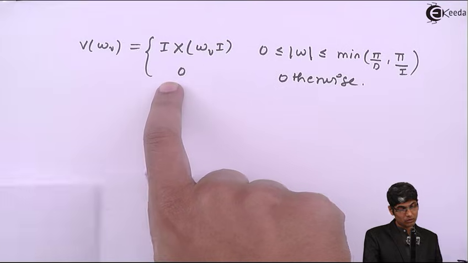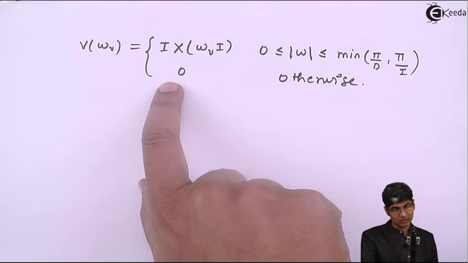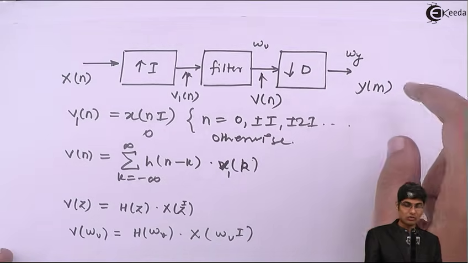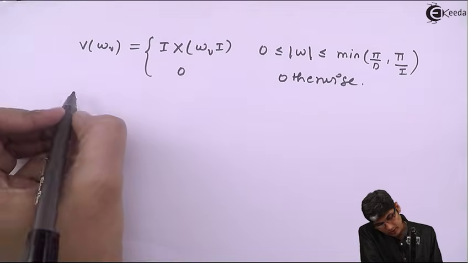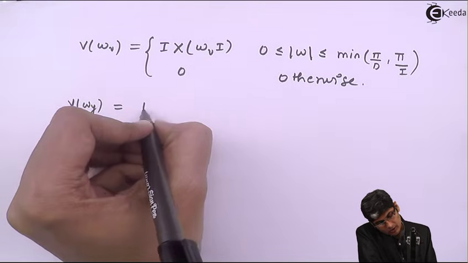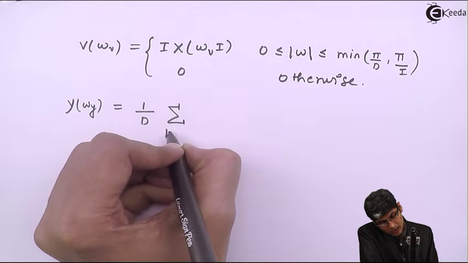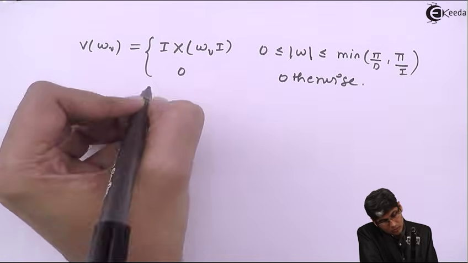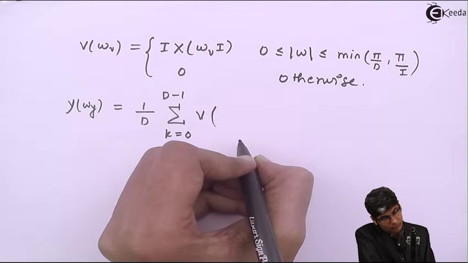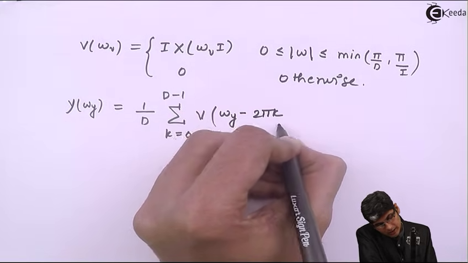Now what I do is I further decimate. The next stage is we are putting this v of n at the input of the decimator. So y of omega y, the output of the decimator, is nothing but 1 over d, summation k goes from 0 to d minus 1, v of omega y minus 2 pi k by d.